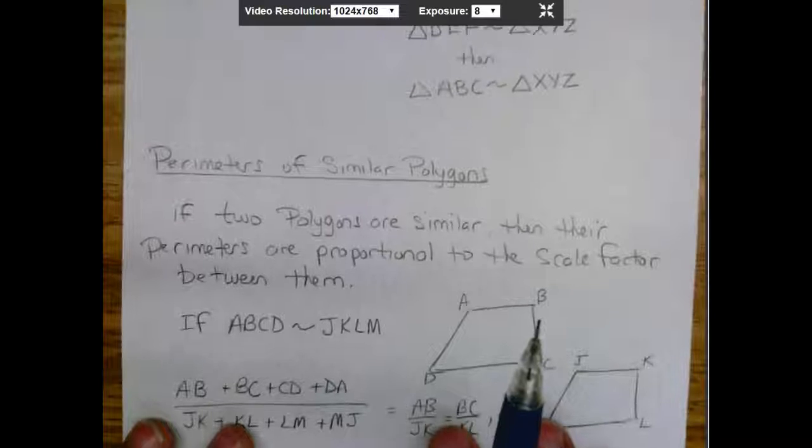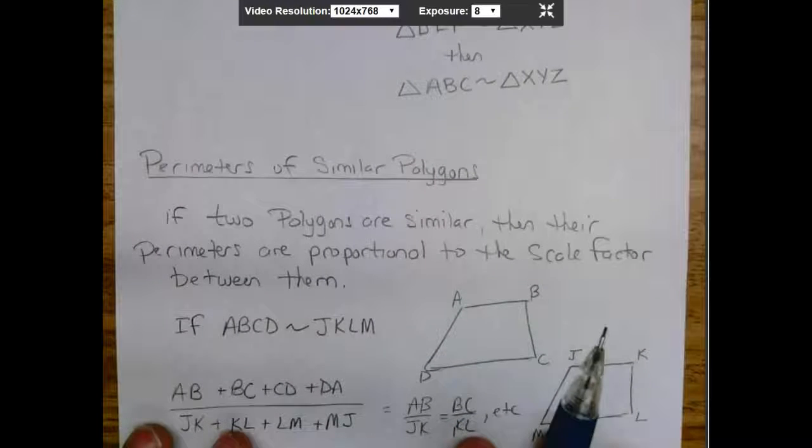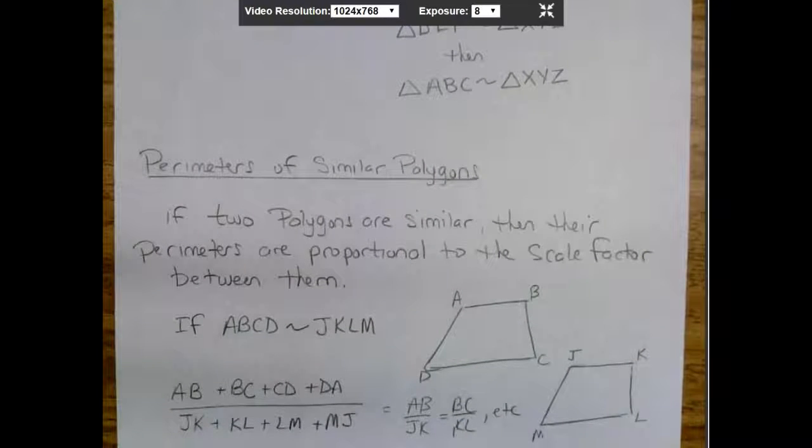One more thing we want to look at and we'll be done with the notes. This is perimeters of similar polygons. The rule says if two polygons are similar, then their perimeters are proportional to the scale factor between them.